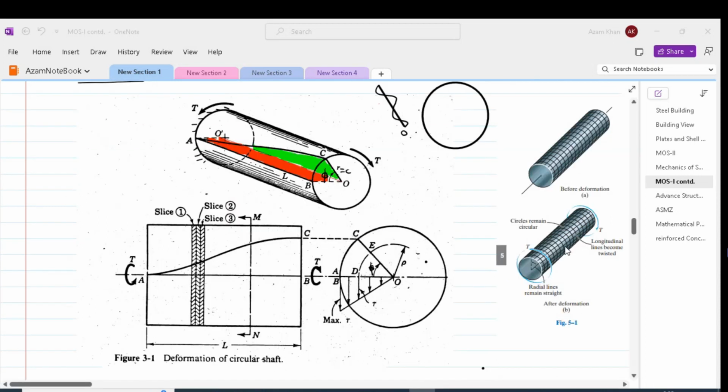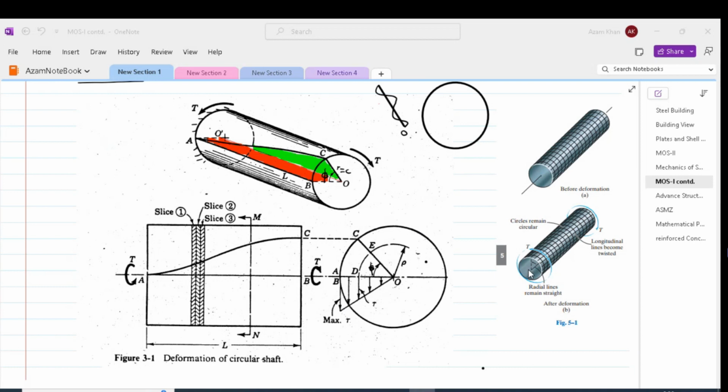This second figure clearly shows that the circular grids are all parallel to each other, whereas the longitudinal grids have twisted. As per our assumption, the cross section at the end will stay plane and it wouldn't bulge out or in.